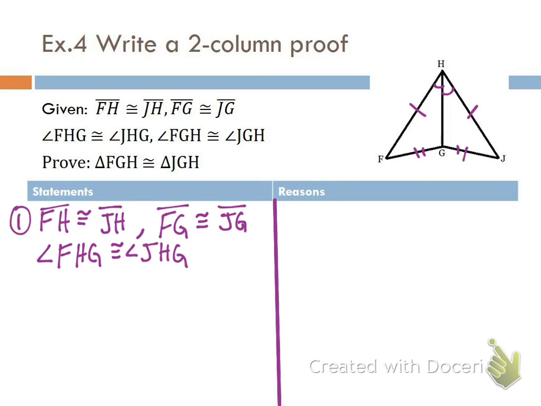So that would be these two little ones up at the top. We are also told that angle FGH is congruent to angle JGH. So that would be the small ones at the bottom.